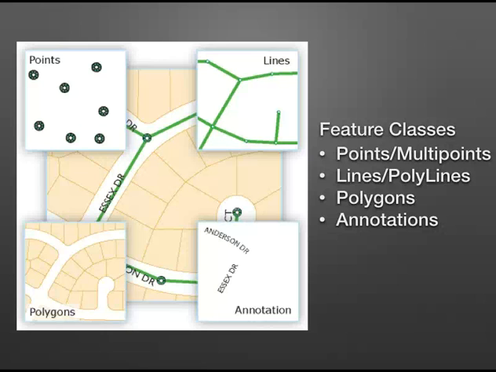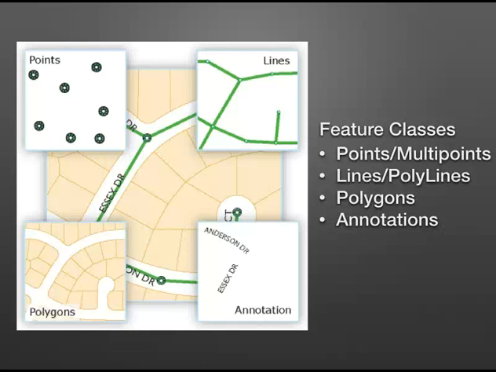We have lines and polylines. This is what you saw earlier, being able to lay out on top of streets. We describe those as lines or multiple lines, polylines. A line would have a beginning point and an ending point. Polylines would have multiple beginning and ending points, or multiple lines grouped together. We have polygons, in the lower left.